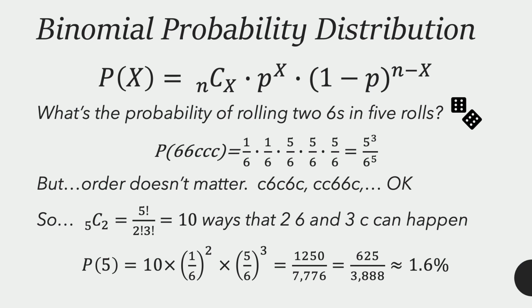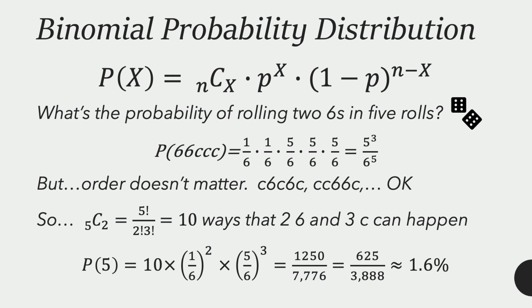But that only tells us about that specific order. And remember, order doesn't matter. We just need 2 sixes somewhere in those 5 rolls. So we're going to multiply by the number of combinations we can make. So that is out of 5 things, we're going to choose 2. 5 factorial over 2 factorial, 3 factorial, and that works out to be 10.